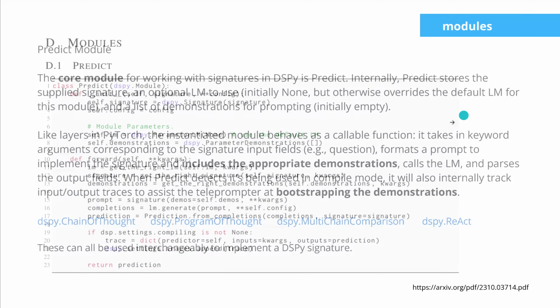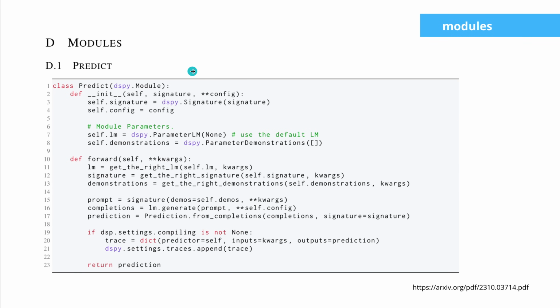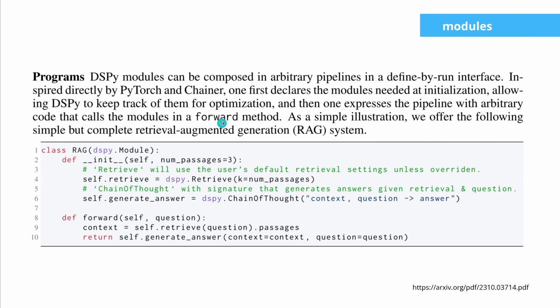And now the beautiful thing of those modules is, here's the predict module for you if you want a pseudocode to understand it easily. Those DSPy modules can be composed like Lego bricks. You can build beautiful things with them in an arbitrary pipeline in a define-by-run interface. So inspired by PyTorch, and yes, we have here a simple illustration.